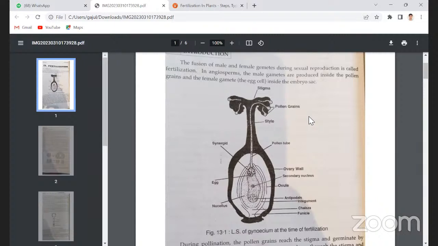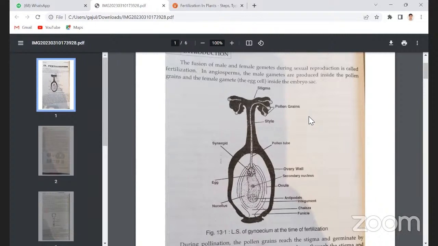The stigmas which secrete exudates are called wet stigmas. What do we call them? Wet stigmas. Plant examples are Petunia and others. Whereas the stigmas which do not secrete exudates are dry stigmas, in plant species like Gossypium, Asteraceae, Papaveraceae, Poaceae.